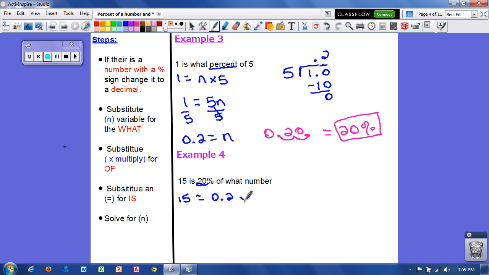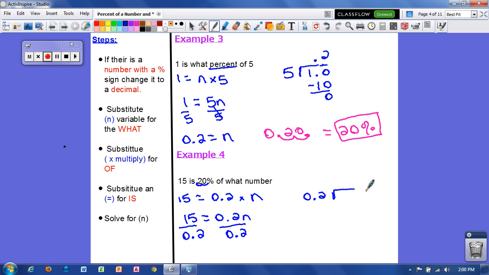Of means multiply. What is our variable? So 15 equals 0.2 times the letter n. So 15 equals 0.2n. N wants to be isolated. If it's being multiplied times 0.2, we have to divide by 0.2.